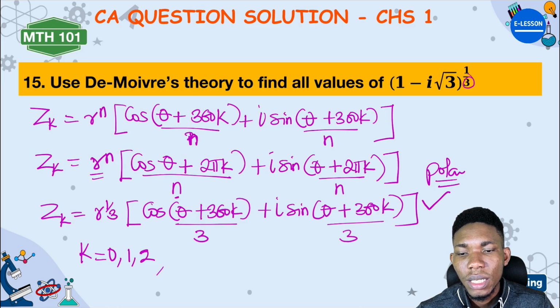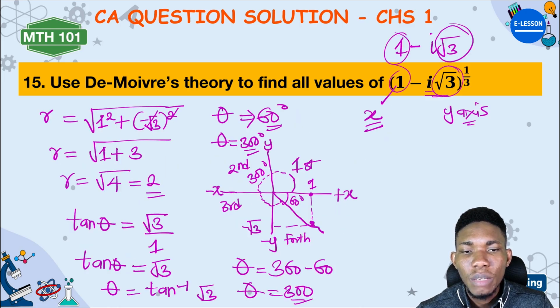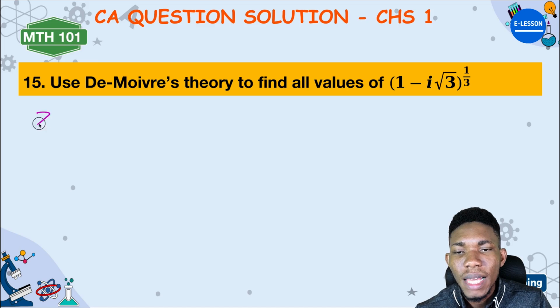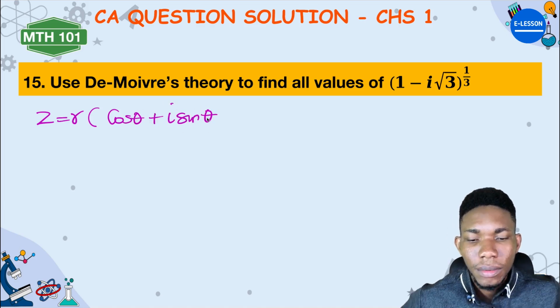Now, my dear student, if you've gotten theta as 300, what is the polar form of this vector? We say polar form normally is what? z is r (cos theta plus i sin theta).